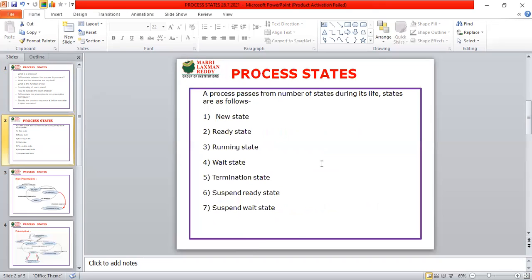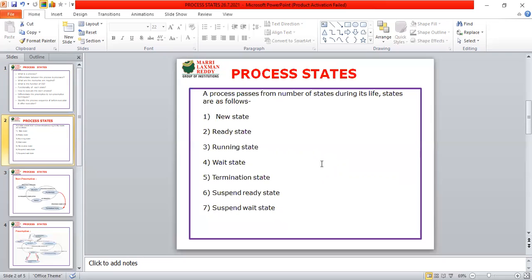What is the new state? In the new state, the process is being created. Created state is the new state. In the ready state, the process is ready for execution. The number of processes ready for execution are in the ready state. In the running state, the processor is allocated to the process and also executes the process.